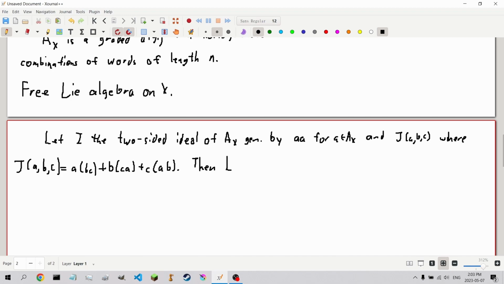Then we're going to set LX to be equal to AX over I. This is the free Lie algebra on X.